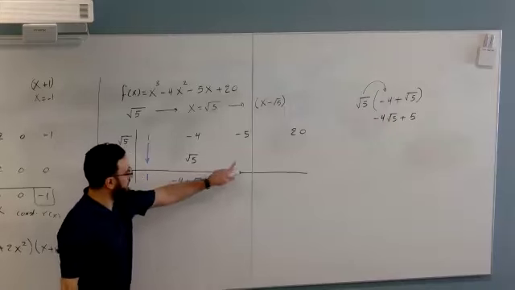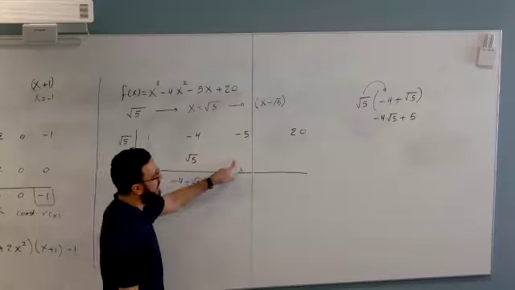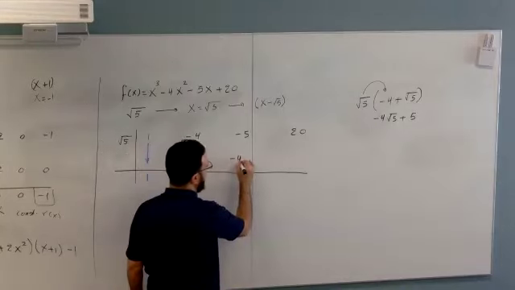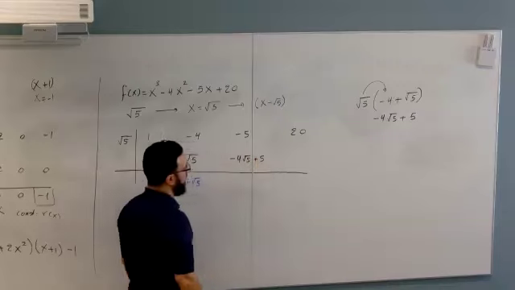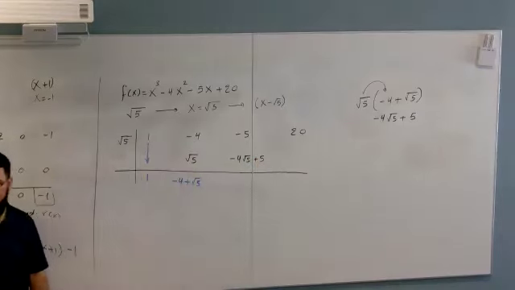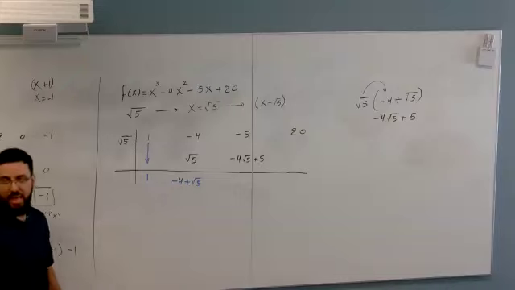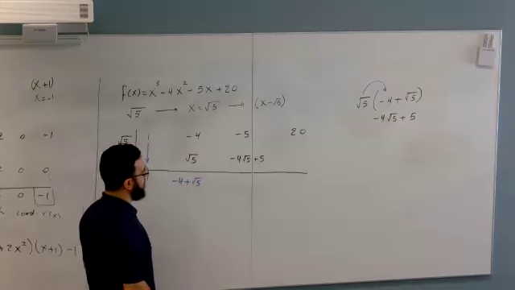So what I'm gonna write down here is -4 square root of 5 plus 5. Is that okay so far? If you have a problem, let me know. What's the next step? Plus 5 because square root of 5 times square root of 5 is.